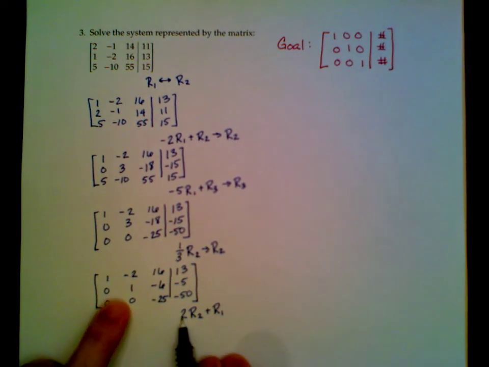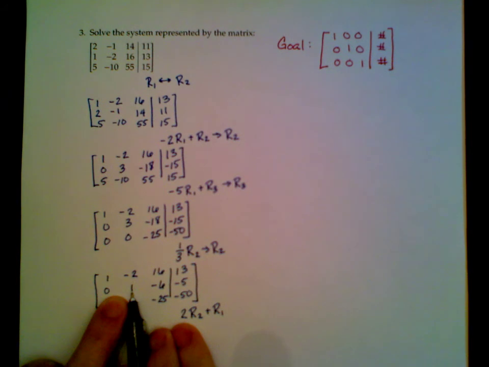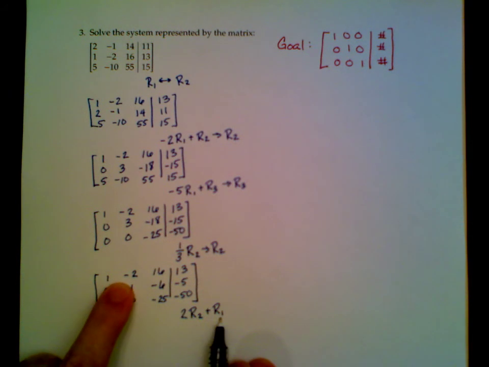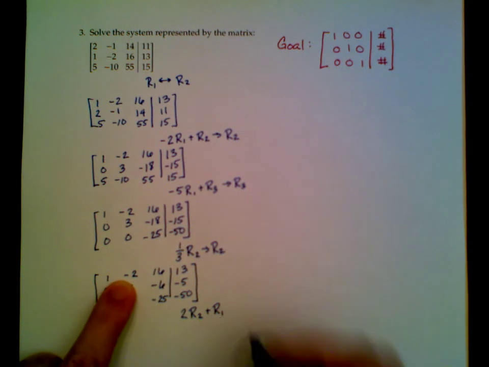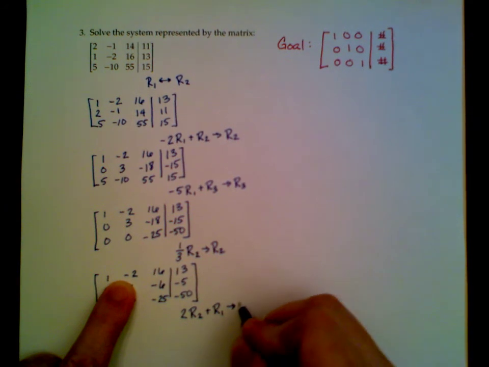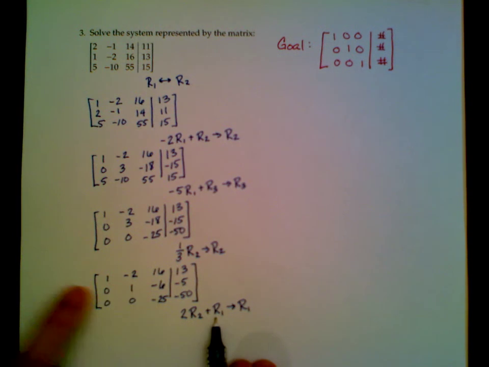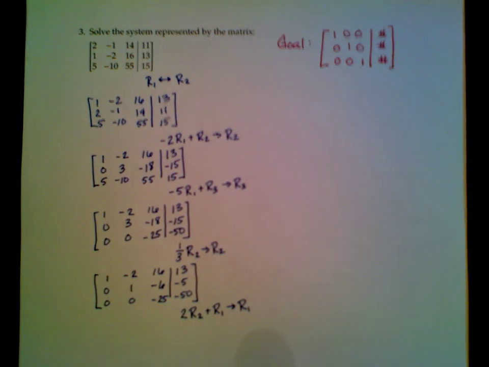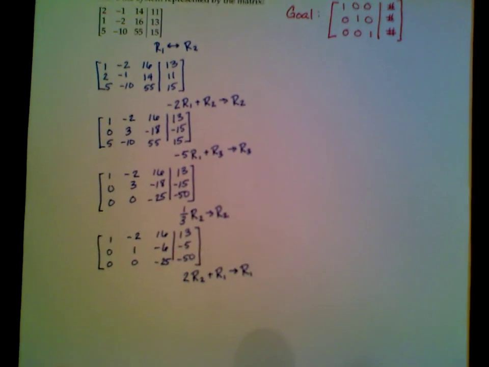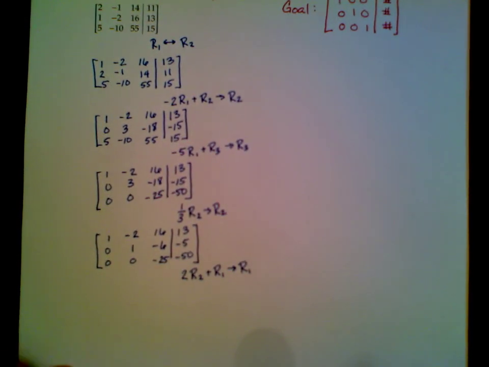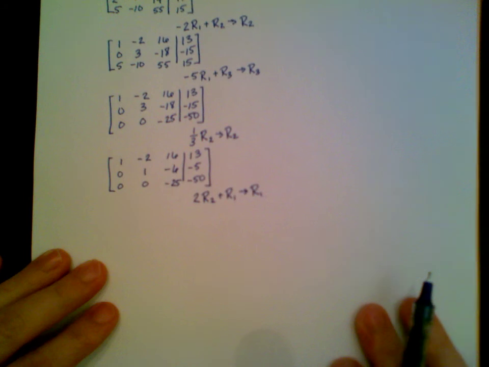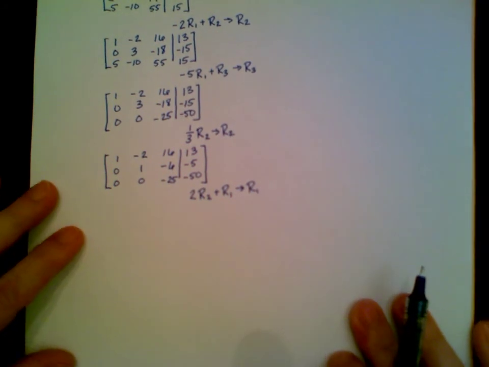Now, I'm doing 2 times row 2 because that's where the 1 is, plus row 1 because that's where the number I'm trying to change into a 0 is. And of course, I always store it in the same row that the number I'm trying to change into a 0 is.